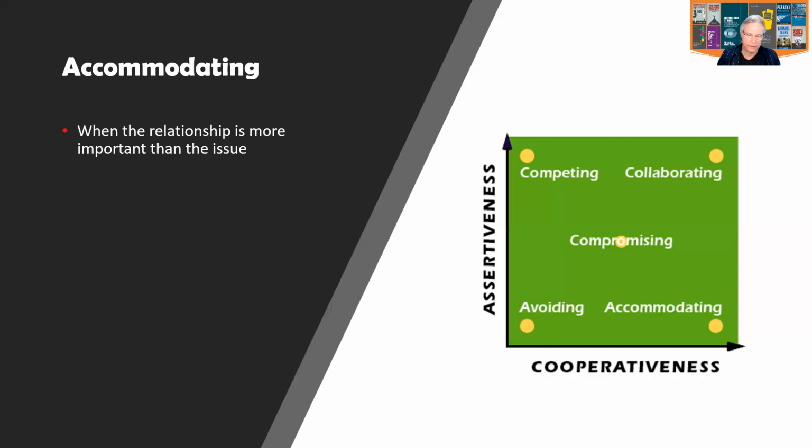But in the workplace as well, there is a time and a place where accommodating is really important. In a remote environment, for example, people are juggling home and work situations, whether it's homeschooling or whatever. They might have some issues they're dealing with on the home front that need to be dealt with, and they would perhaps prefer to deal with them sooner rather than later.